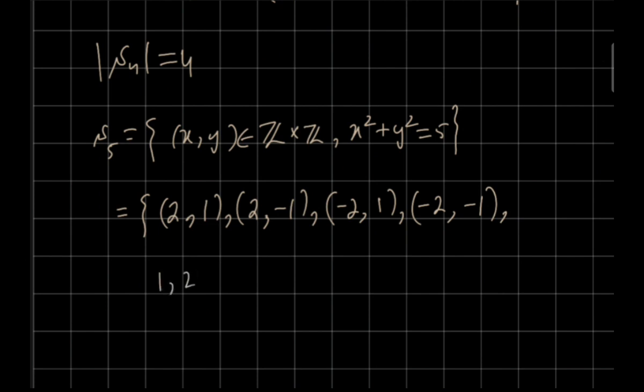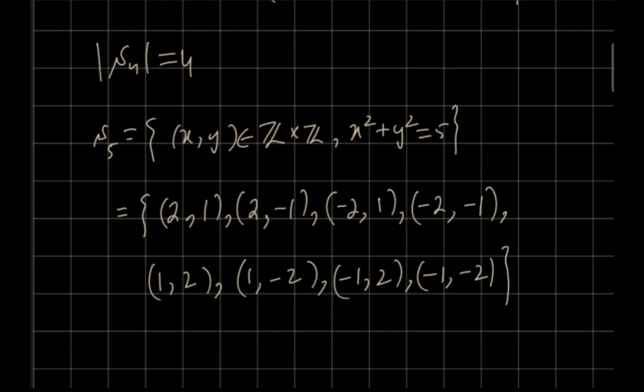I have (1, 2), then (1, -2), then (-1, 2), then (-1, -2). So we have 8 ordered pairs whose sum of squares is equal to 5. You can check there is no more ordered pair in Z cross Z which satisfies this condition.